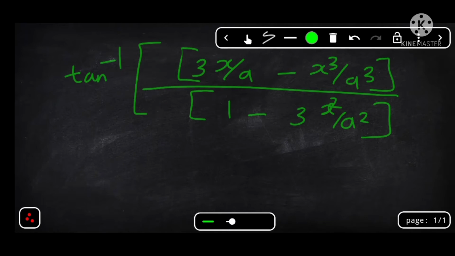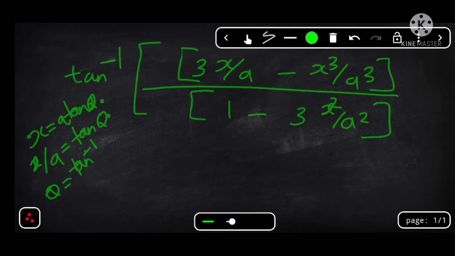Okay, now we have something, right? We have x as a tan theta, so x by a will be tan theta. Also, theta is tan inverse of x by a. Okay, so let's substitute that.